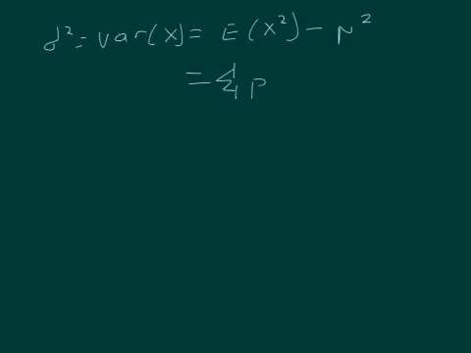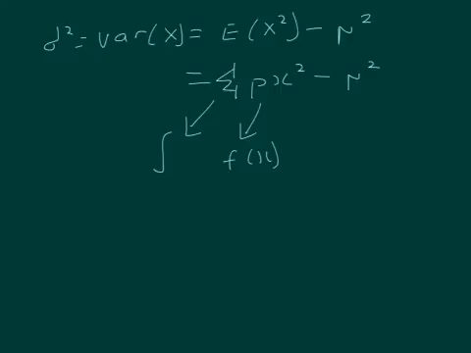Now let's do a similar thing for variance. The formula for variance is the expected value of x squared minus the mean squared. So for discrete data, the formula that we had was sigma p x squared minus mu squared. That's for discrete data, but as before, the integral sign replaces the sigma sign, and the probability density function replaces the probability of x.